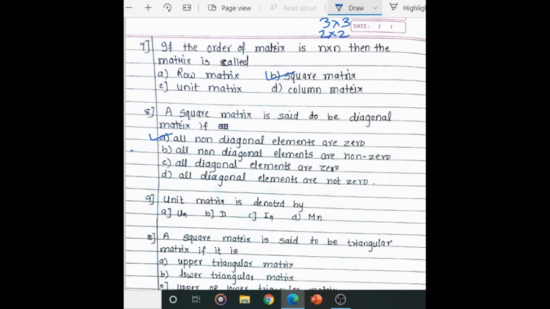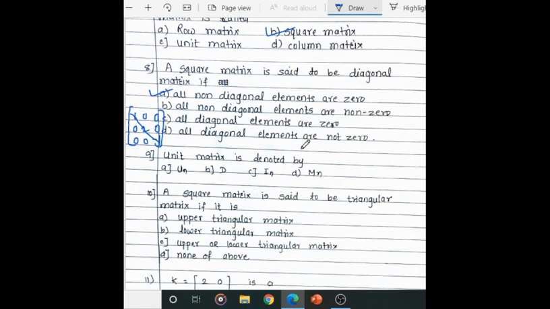We know the definition of a diagonal matrix. See, these are the diagonals and the elements other than the diagonal elements are 0. So it is called a diagonal matrix.